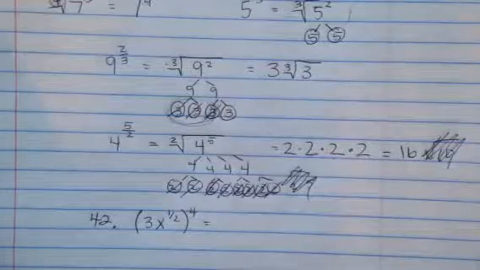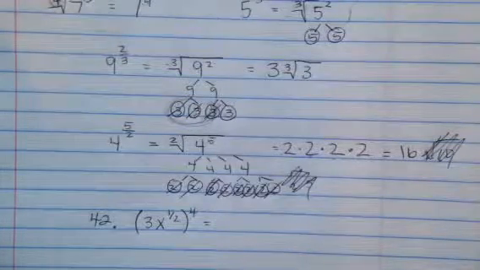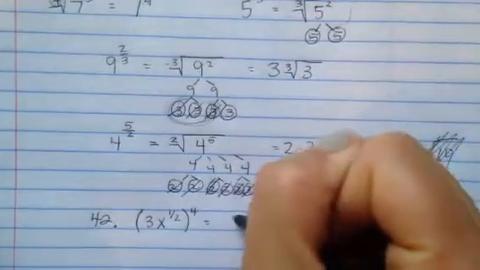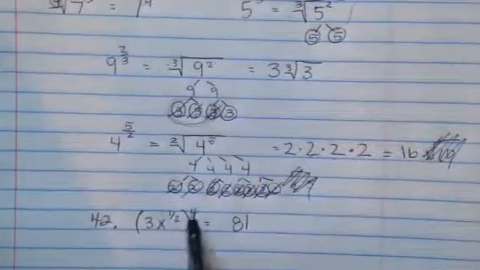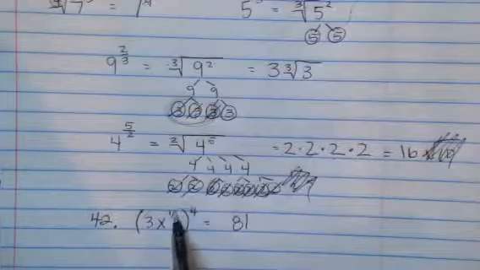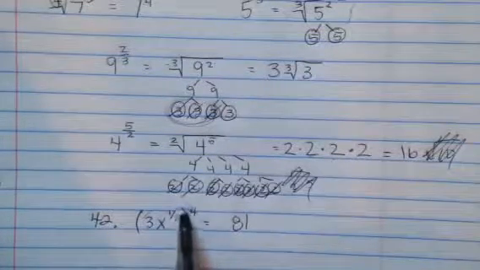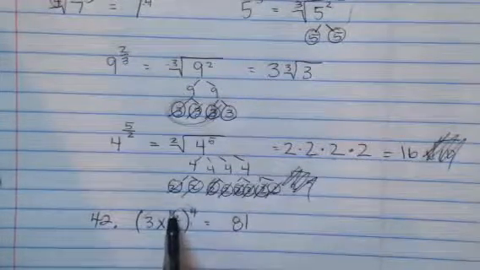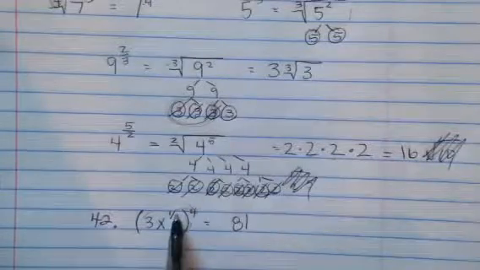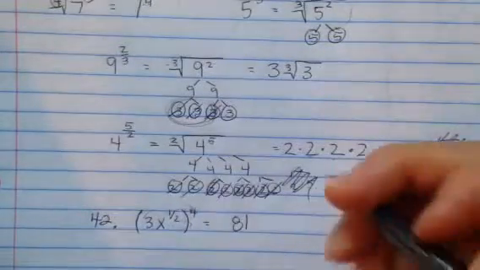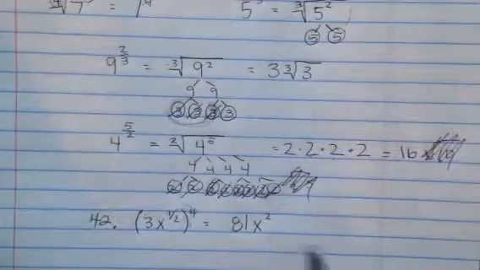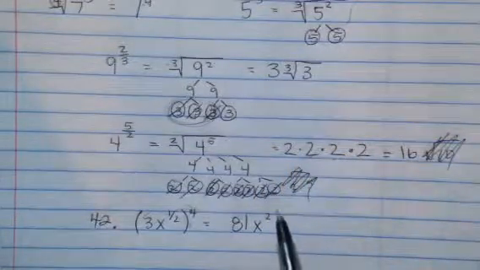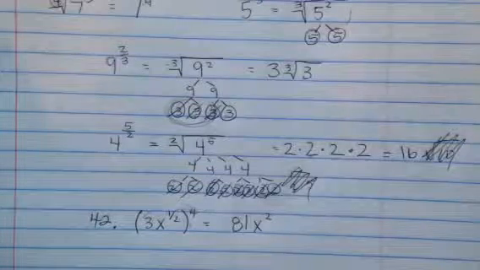Sorry, I'm using my fingers. Times 3 again is 27. 27 times 3 is 81. Okay, and then 1/2 to the 4th, which if there's a parentheses there, we multiply them. So 1 times 4 is 4, divided by 2, or 4/2 is 2. So we're going to have x squared. And this doesn't have any radicals, so then we can't go any further.